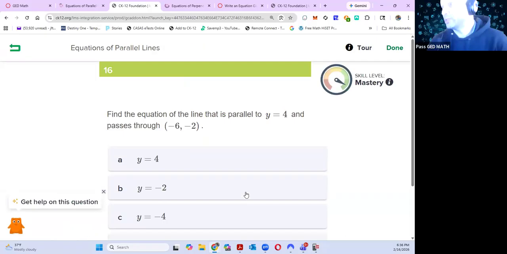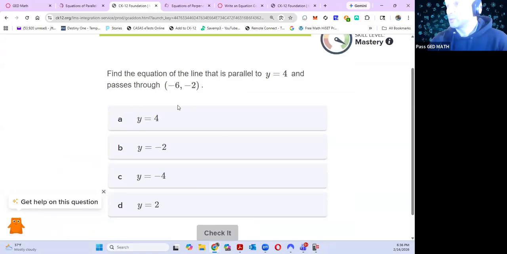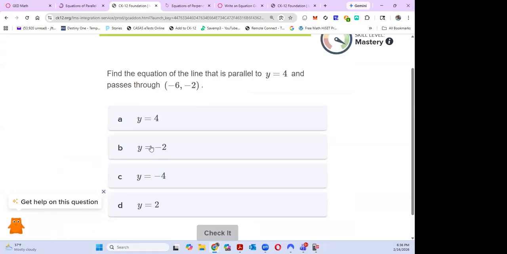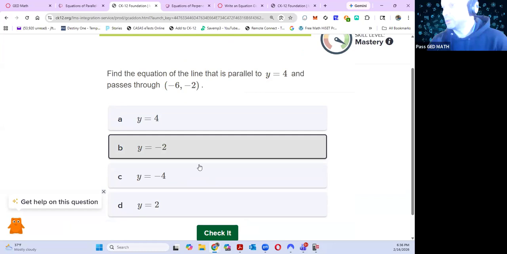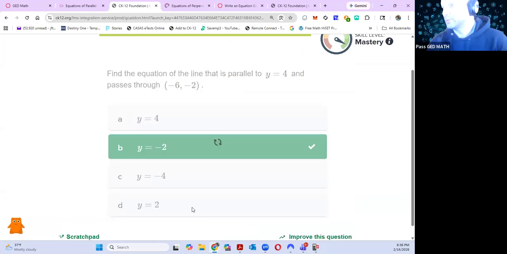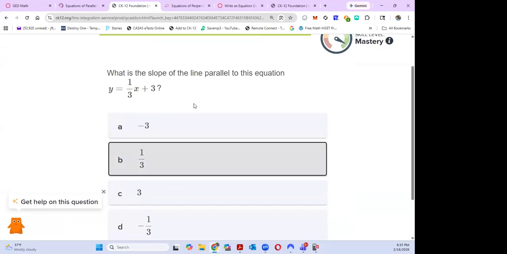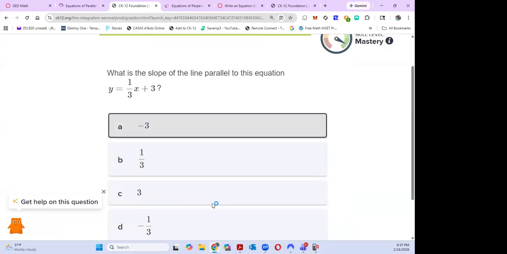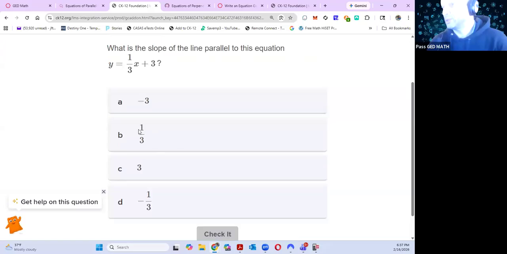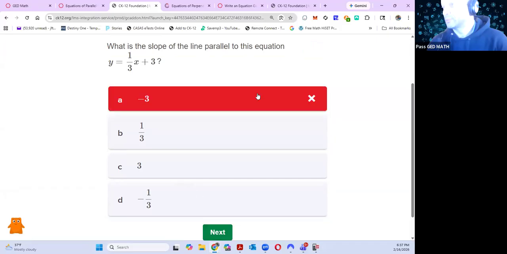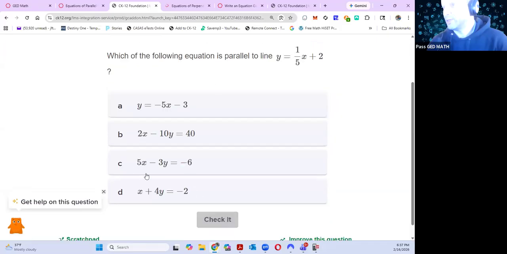Parallel, let's say -3, so we get it wrong on purpose. -5.